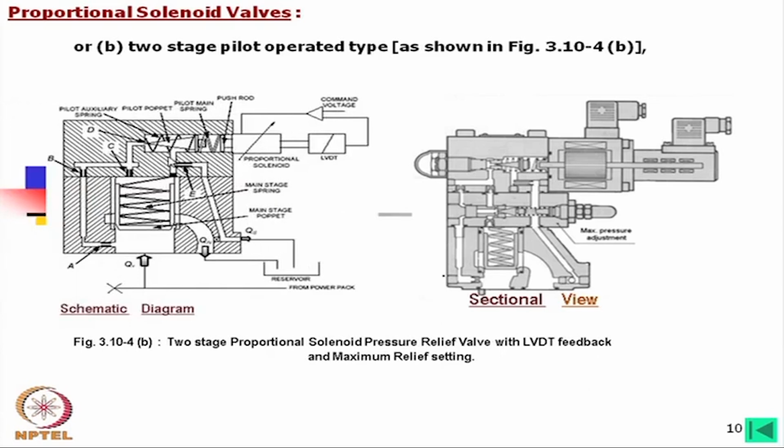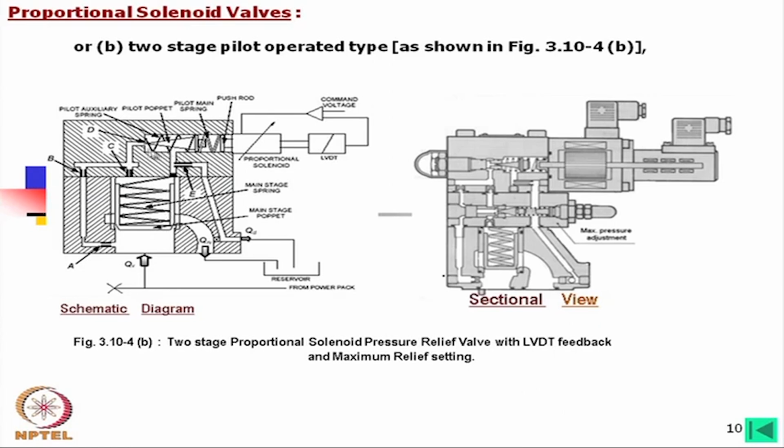If we look into the schematic view where this part is removed, you can compare with this figure. Here we find an orifice, and we can change this orifice. It is as if an external insert is there, but there is a permanent orifice too, and after that there is another orifice, and then this is the variable orifice, which is connected to the other end of the main spool.